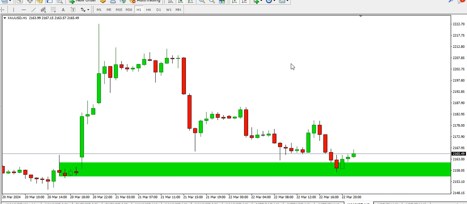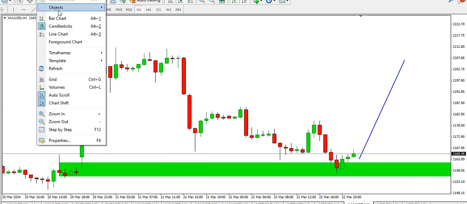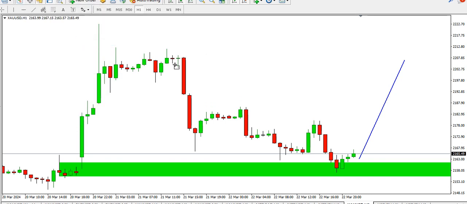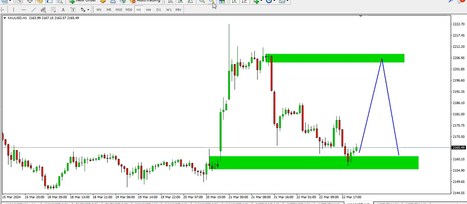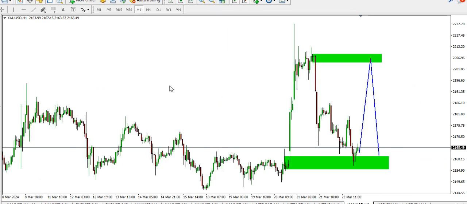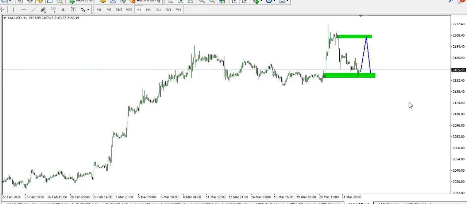We might see price push upwards for sellers to come in at this particular order block on the 1-hour time frame, and then for price to drop and for the range to continue. All right, so for now I'm expecting the price of gold to range for some time, and as it ranges, it will take some time for us to have a breakout either to the top side or to the downside.